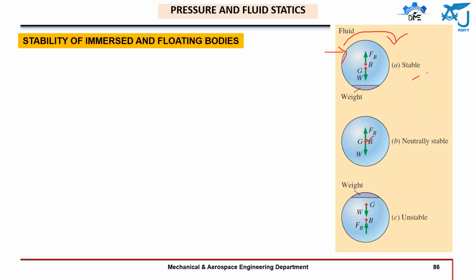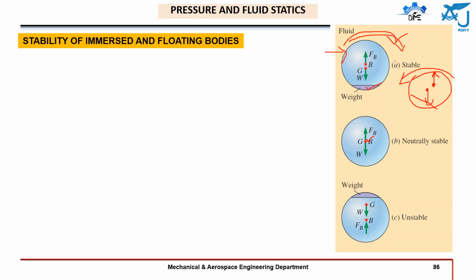Due to that twisting, this heavy place, because this is weight, has come here, and the point B is here, and G is somewhere here. Now this Fb is acting upwards while this weight is acting downward. It will generate a reverse movement and it will stabilize itself.